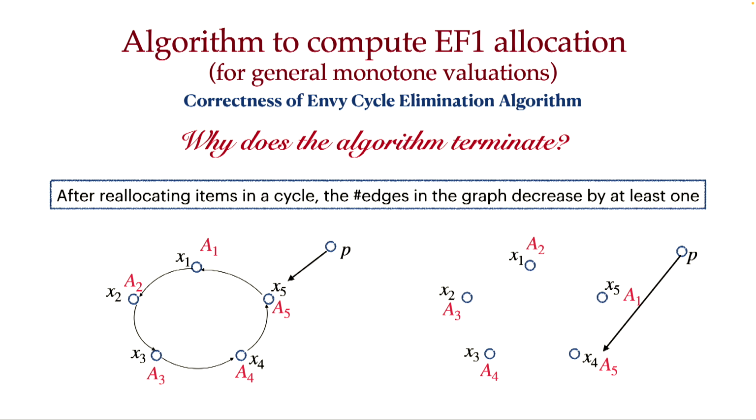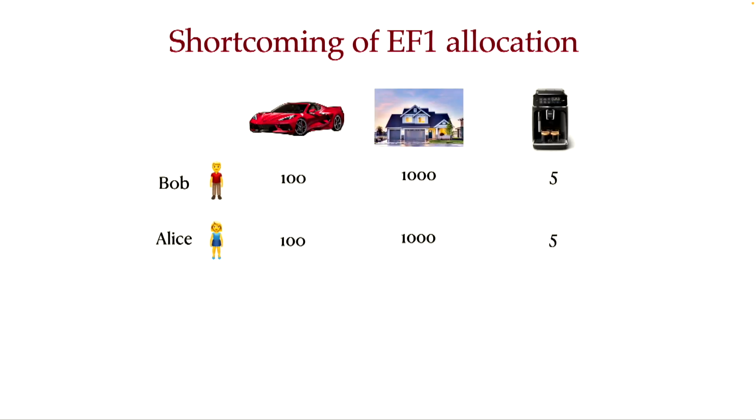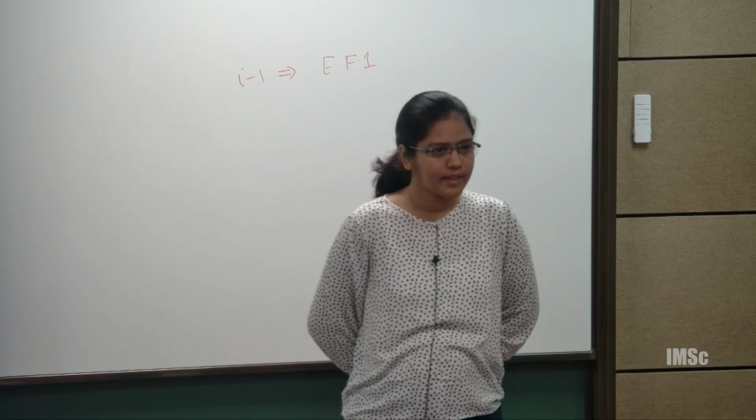Is the algorithm clear now? Any question? Okay. So, as I said, EF1 is a very strong, weak, I do not know what it should be called, such notion of envy freeness, right, that there was such a valuable item in the other bundle, I delete it and then I say I do not envy.